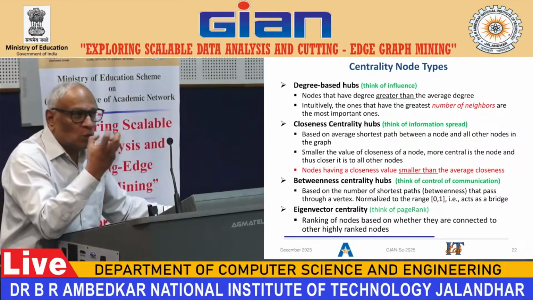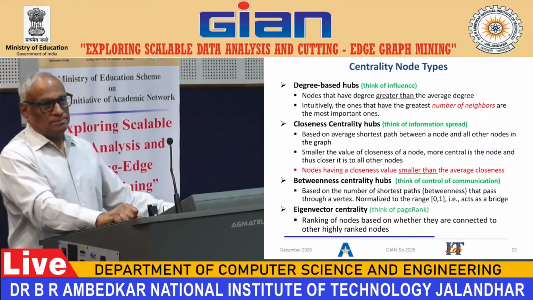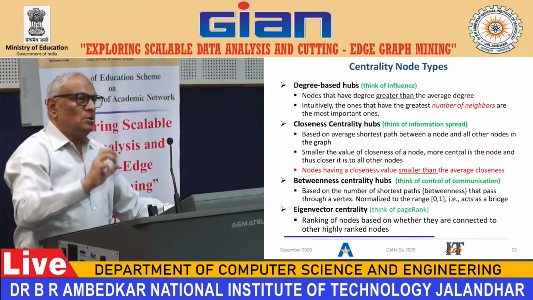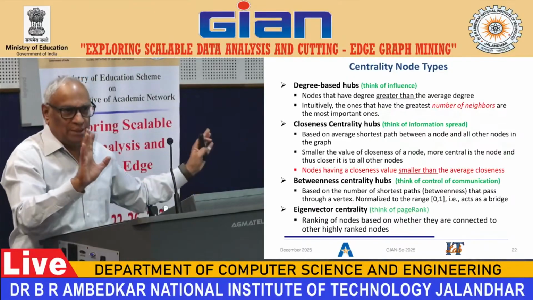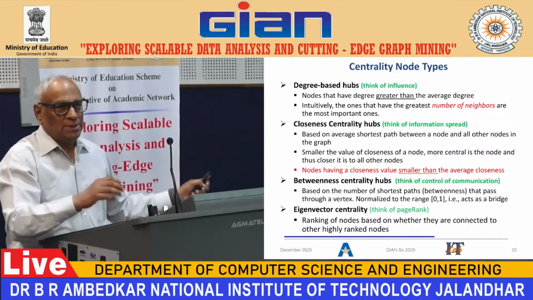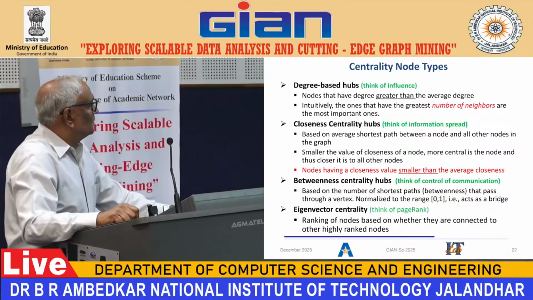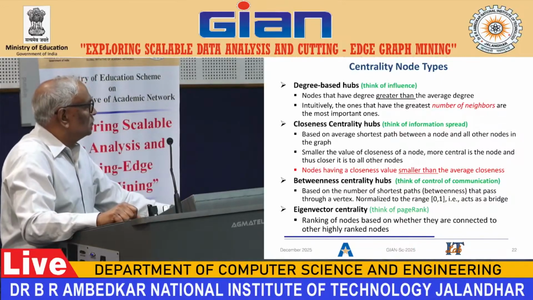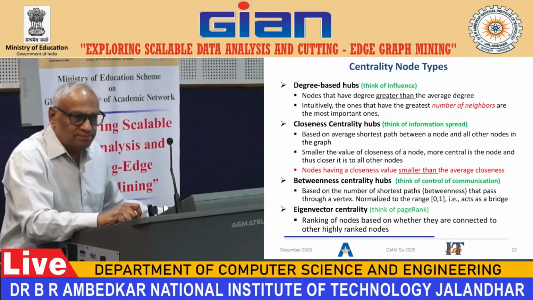So a central node is important for information spread, not a node with high degree. Do you see that? Do you see the difference between these two? These are motivated by real world needs. Nodes having closeness values smaller than the average closeness are the centrality hubs.